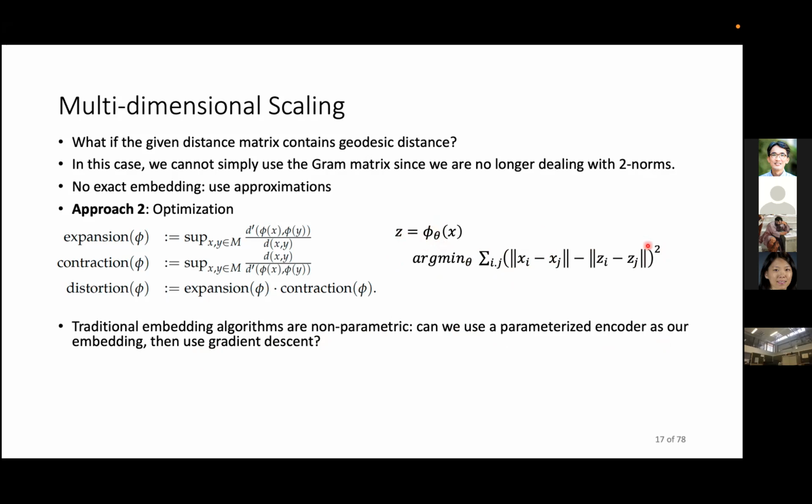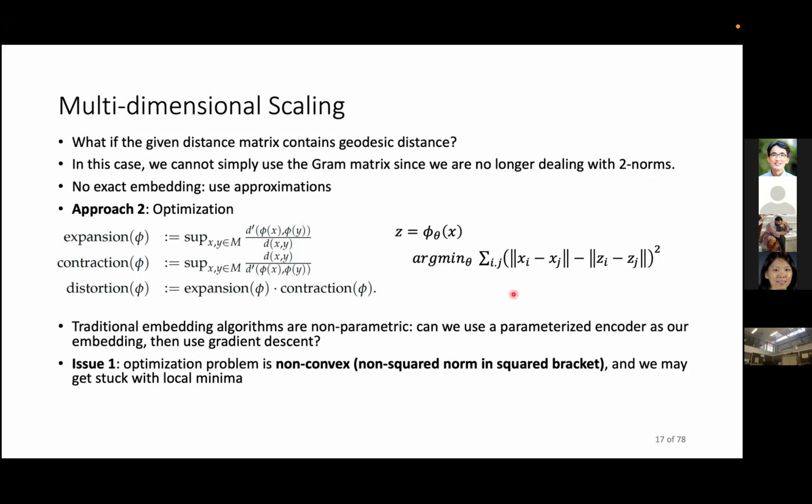Given this objective, can we just plug and play using an encoder to do the task? Yes, we can, of course. There are certain difficulties with this objective. The first one is that it is non-convex, because we have a non-squared norm inside the square bracket. So it's not the 2-norm squared, it's inside this sum, this square. So it's non-convex, and it's also not differentiable.